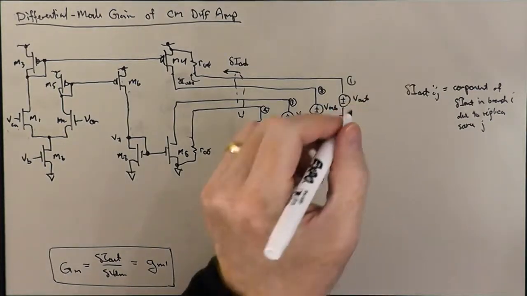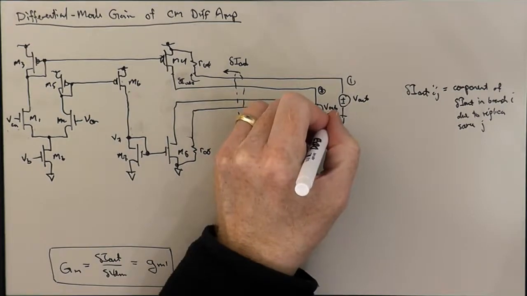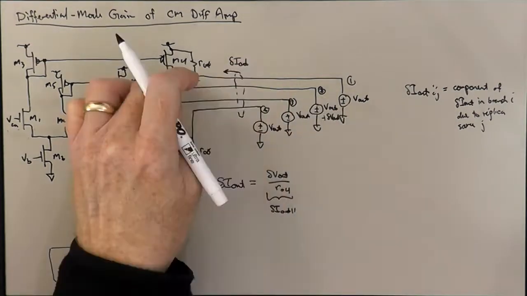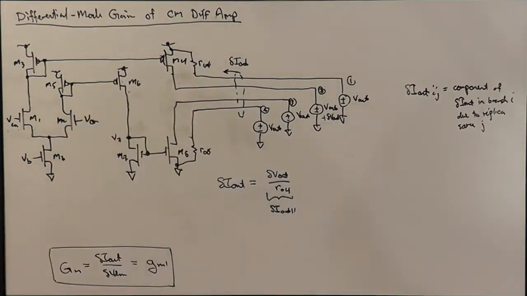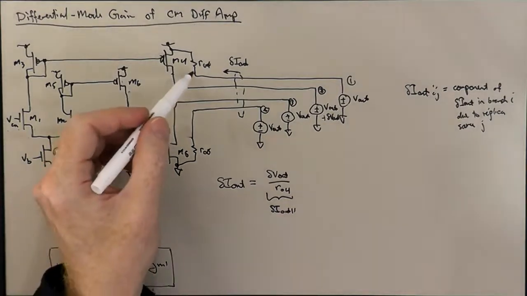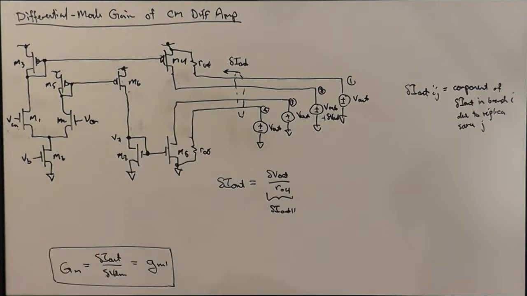We march down to replica source 2. And we take this one away. Well, here we're talking to the drain of an ideal PMOS transistor that's saturated. And so we've encapsulated the early effect of this transistor in RO4, taking that into account separately. And so there is no current flow into M4's drain due to the change in replica source 2.